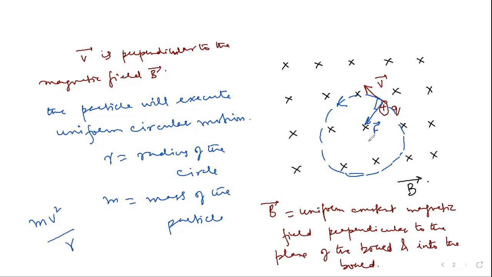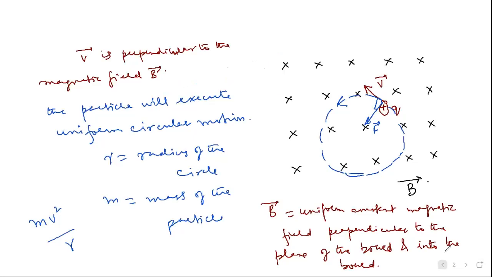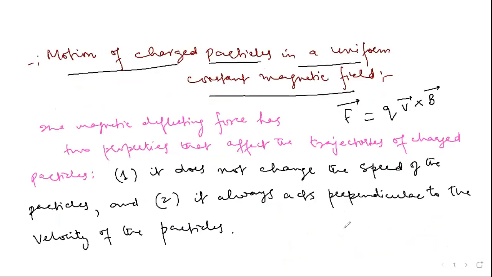Now here, this centripetal force is provided by the magnetic force. So we can write mv square by r is equal to qvb. Why qvb? Actually, magnitude of force is q v b sine theta.